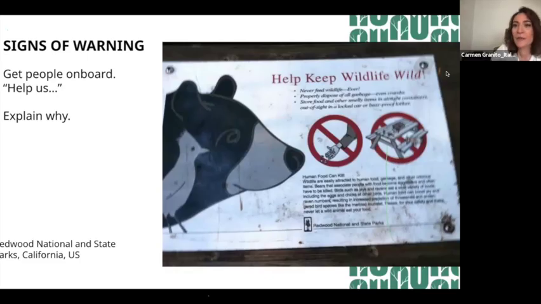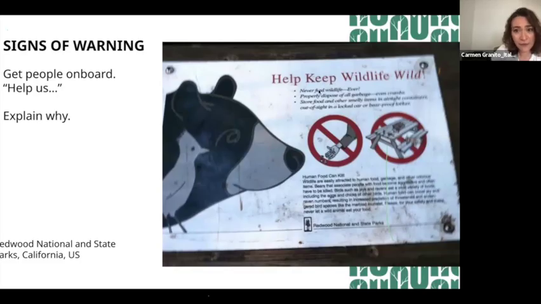Okay, so here, for example, the panel is saying, help keep wildlife wild. Help, asking people for their help, usually works better than saying, don't feed the birds or don't feed the bears. So here you can see help keep wildlife wild is the title.